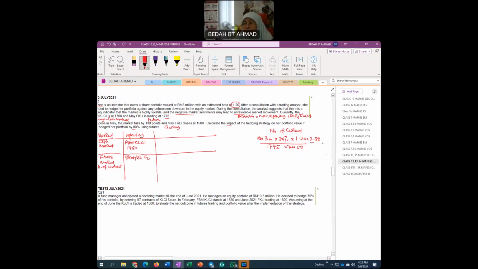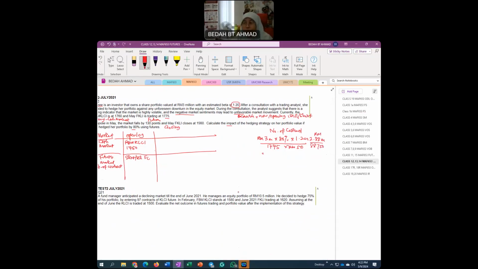So the number of contracts is 2.88 million divided by 88,750.